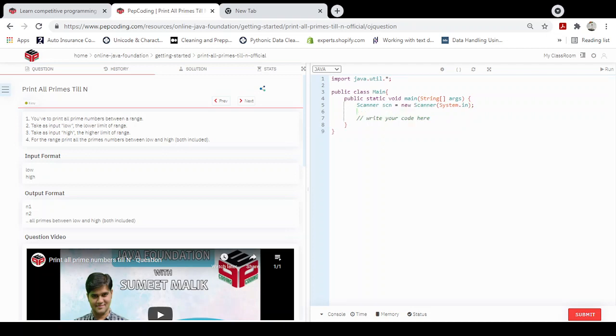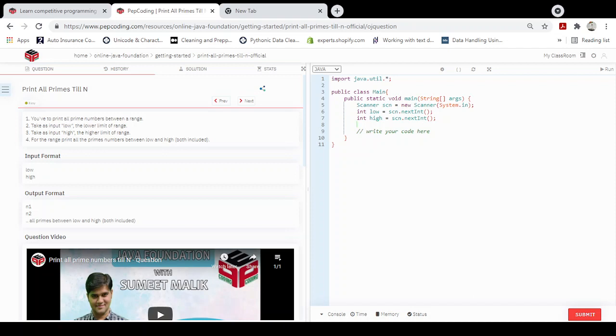And the two inputs are low and high. So low and high. Now what does this do? That will take a low input as low and an input as high. So basically we are getting a range.